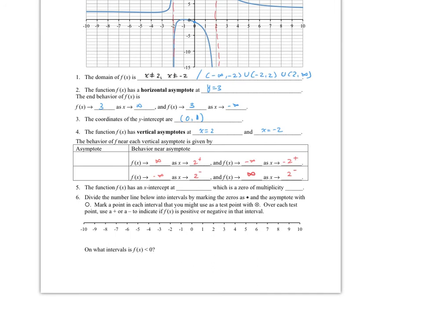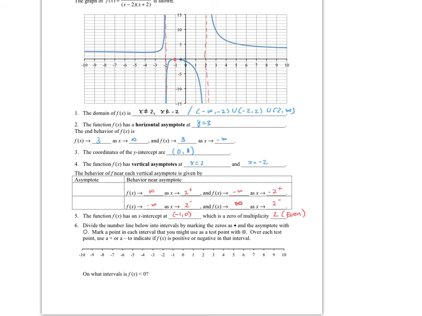Now the function has an x-intercept at negative 1, so it's negative 1, 0, and the multiplicity is 2, or even. And then the last part is asking you where this is negative. Negative, remember, just means below the x-axis. So I'm going to highlight in yellow the part that is negative.